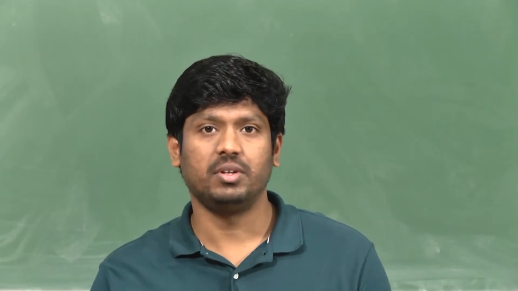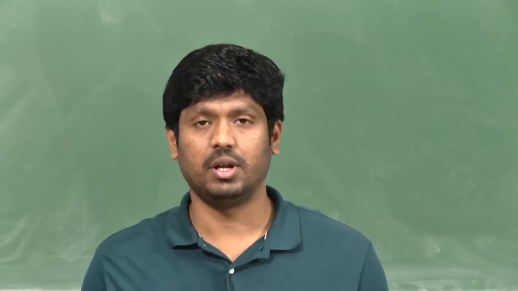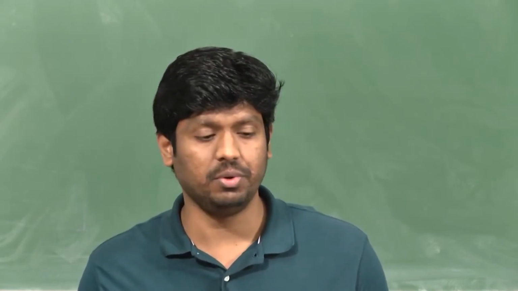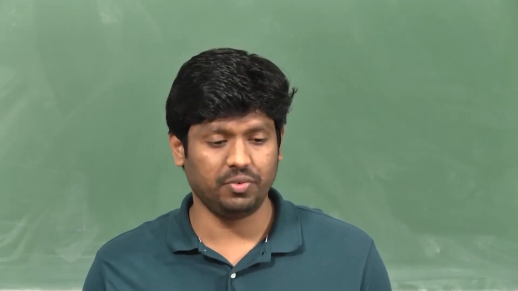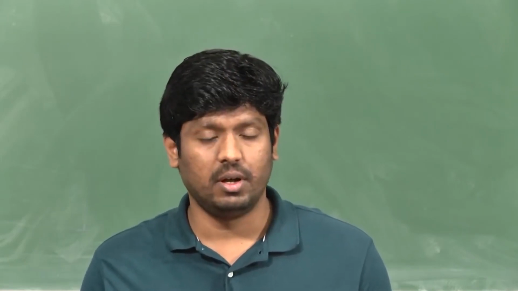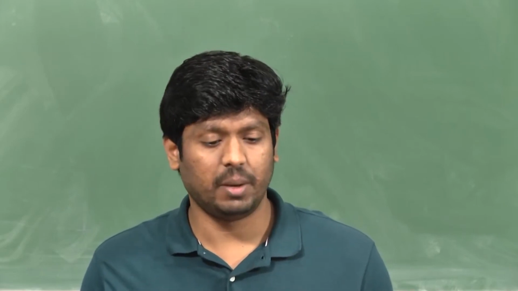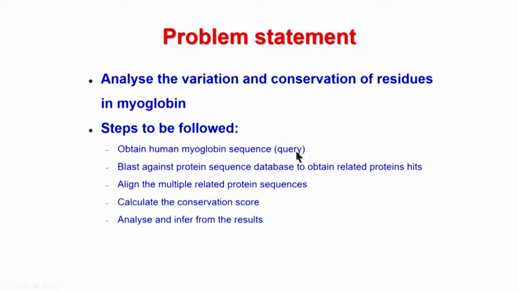In this exercise, we will use BLAST, ClustalW and AL2CO to calculate the conservation of myoglobin. We will start by obtaining the human myoglobin primary sequence from UniProt, followed by blasting it against UniProt to get the related proteins.